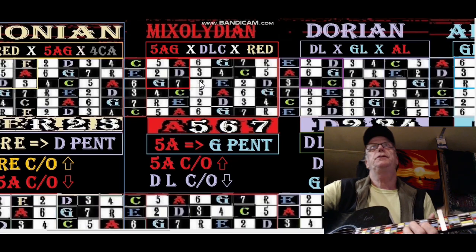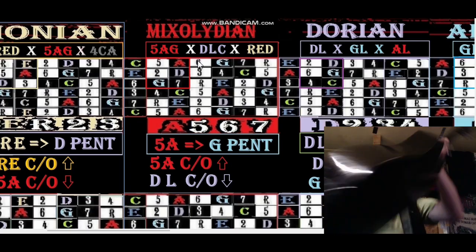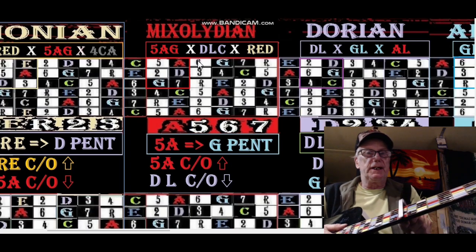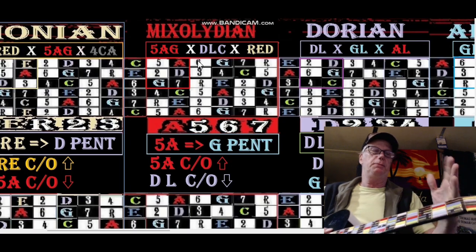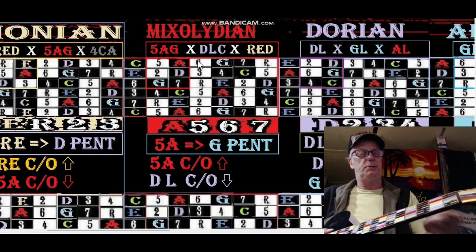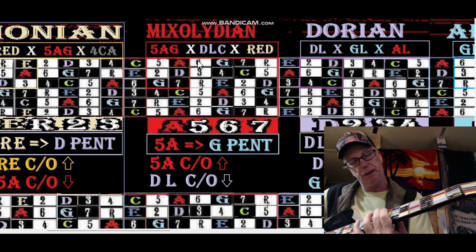Okay, there's your 2 to 2. But you got the choice. Remember, we don't need the short scale anymore because we can play this off the capo. So we can play off the fret nut capo, or just play it without playing the short scale, because the short scale will go like this.